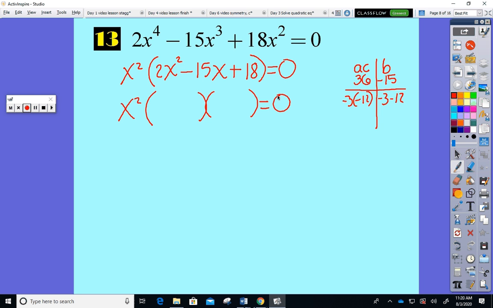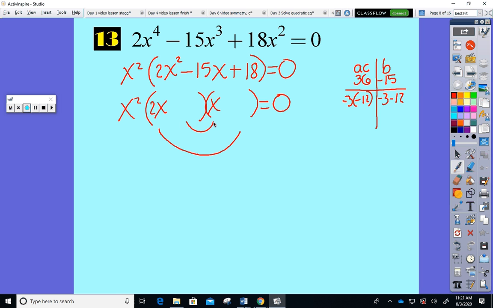So what times what must give you 2x squared? It's got to be 2x times 1x or 1x times 2x. Order doesn't matter. Now, that negative 3, negative 12 thing tells you outside and inside products have to be -3 and -12.